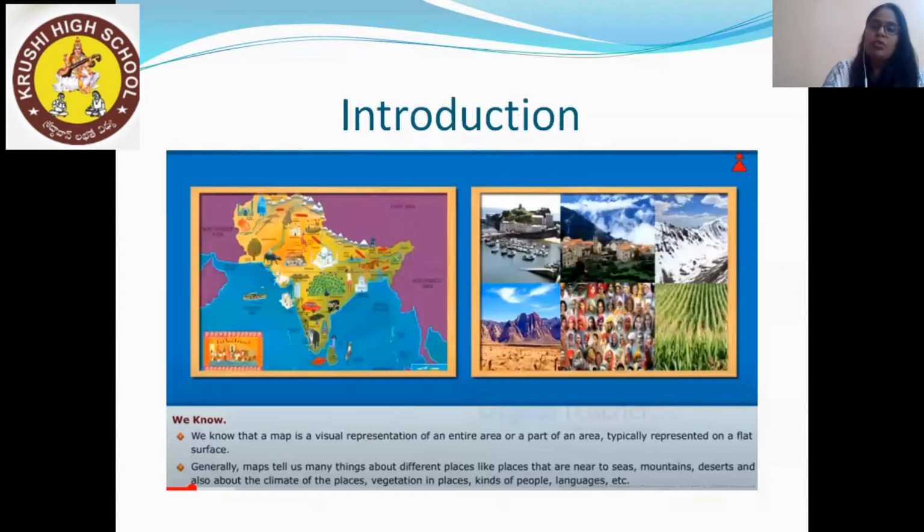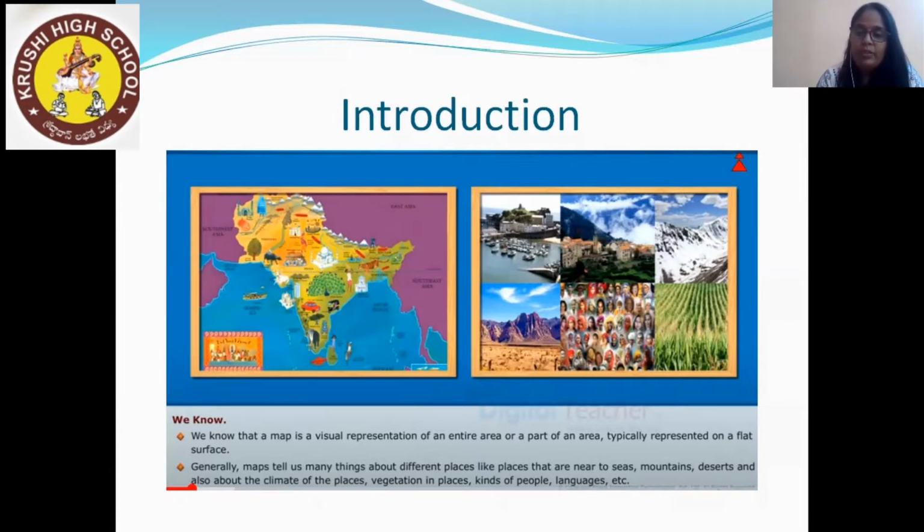Next, let's talk about the introduction. A map is a visual representation of an area or a part of an area which illustrates different features of that particular place.